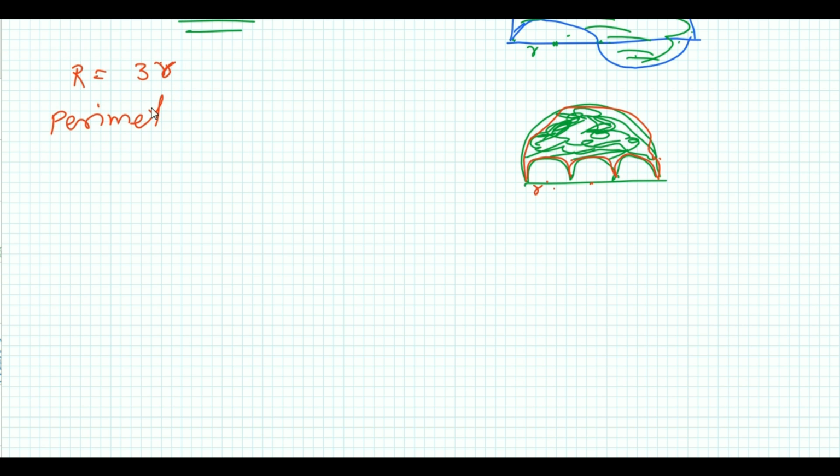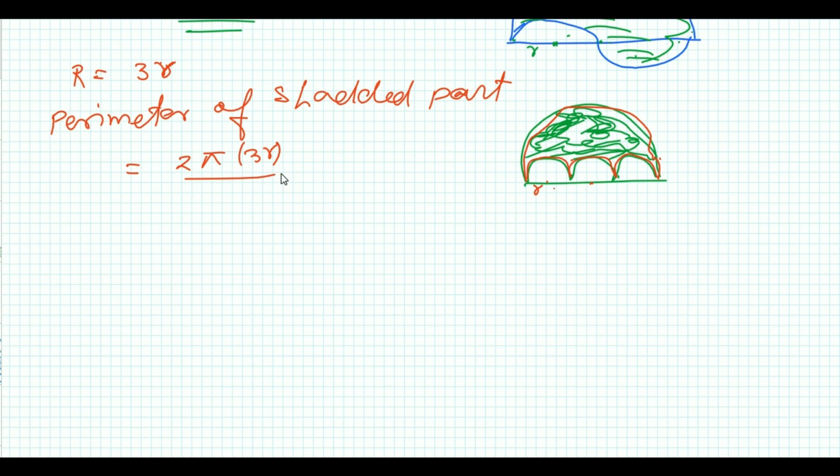Perimeter of the shaded part will be equal to 2 pi 3r divided by 2. I just calculated this one from here to here, and now I will find this small one and multiply by 3.